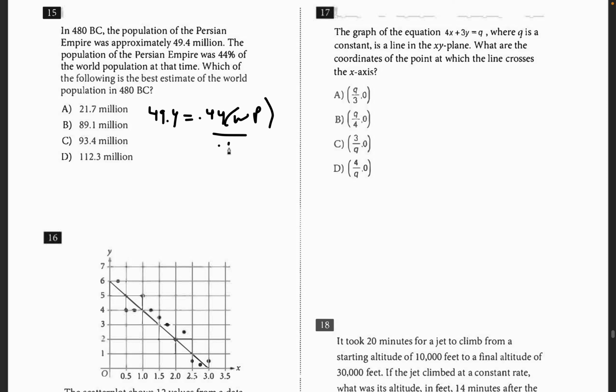Divided by 0.44. They want the population, right? Okay, so 49.4 divided by 0.44. So it's 112.3 million, yeah. Because we have 49.4 million, and this was 44% of the whole world population. So we're multiplying this and then just divide it.